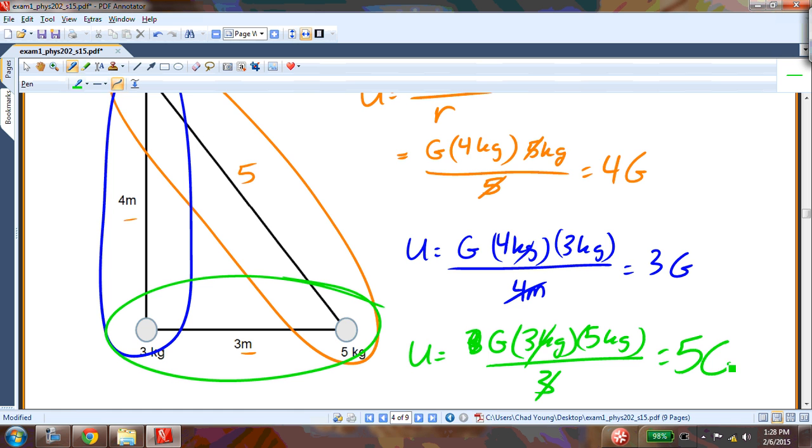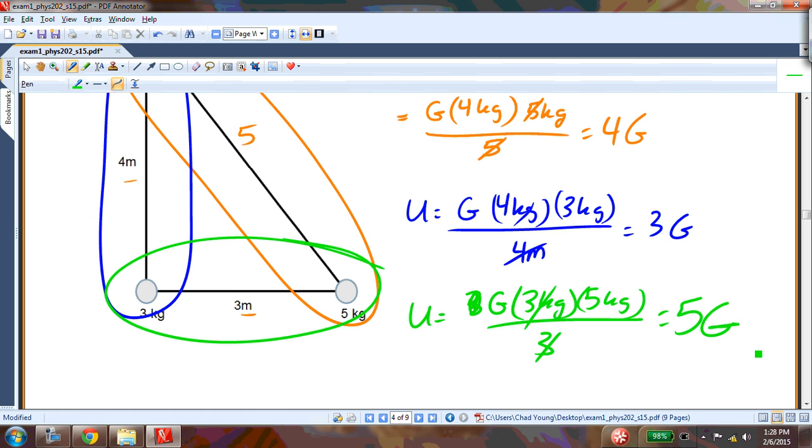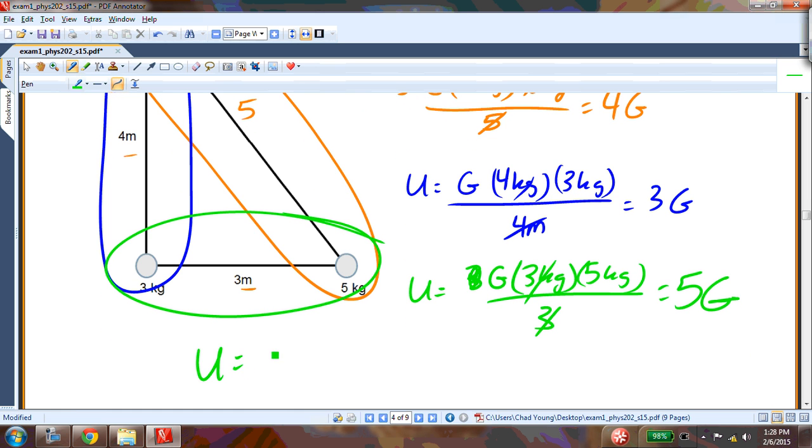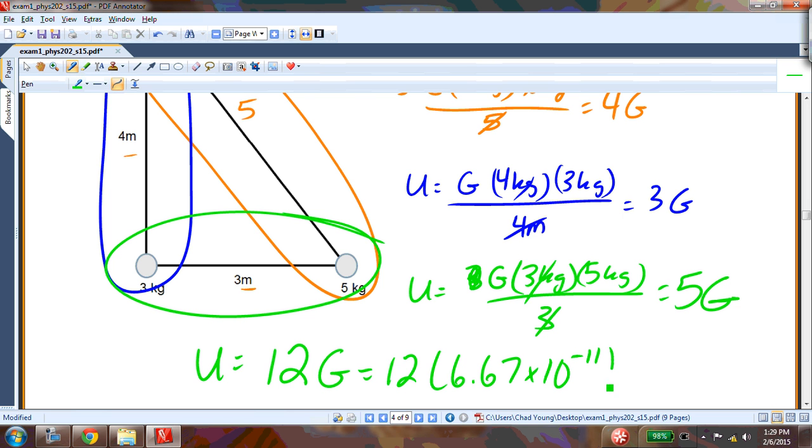I'm left with 5G. All right, and then the total potential energy is just the sum of these. These are all positive, so it's 4 plus 3 plus 5. That is 12 times G, or 12 times 6.67 times 10 to the minus 11.